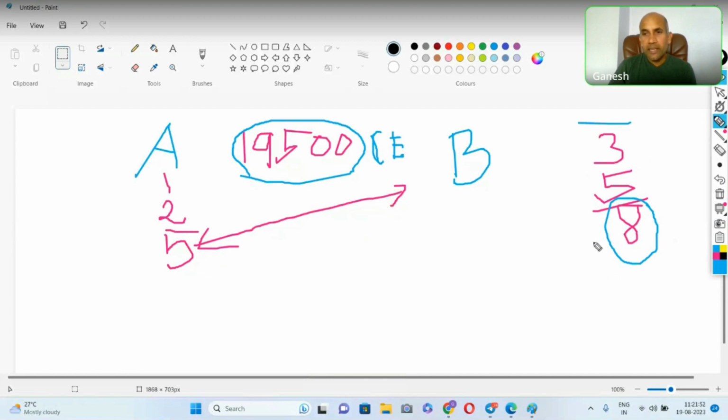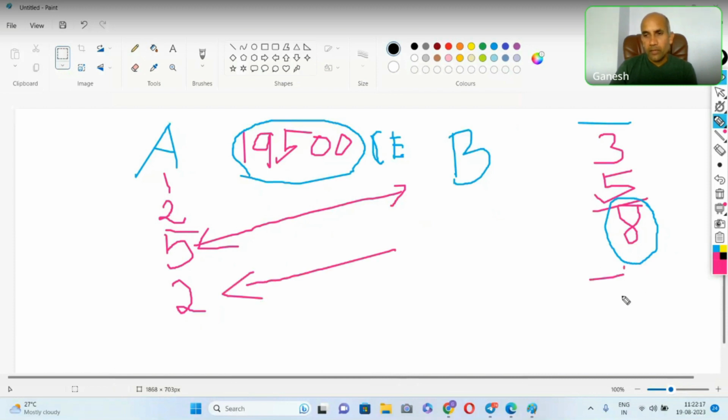Open interest is 8. Again, maybe some other day, A wants to square off 2 contracts, which means he wants to exit by buying. B will sell it back. So what happens?